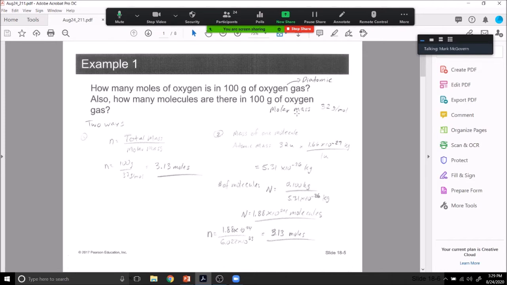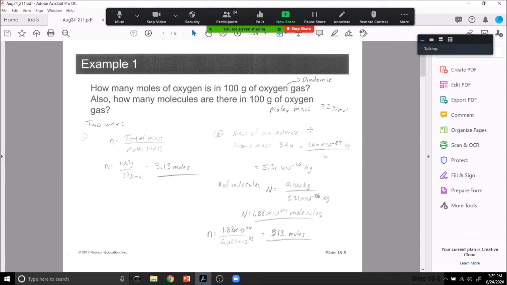So the molar mass of oxygen gas is 32 grams per mole. And so a really straightforward way to do this is to take the total mass of your oxygen divided by the molar mass. So we get 100 divided by 32, and we get about 3.13 moles.